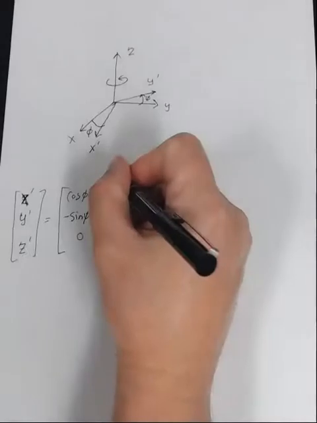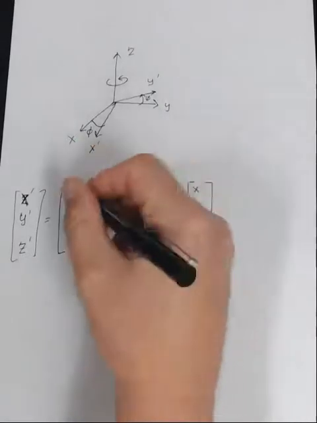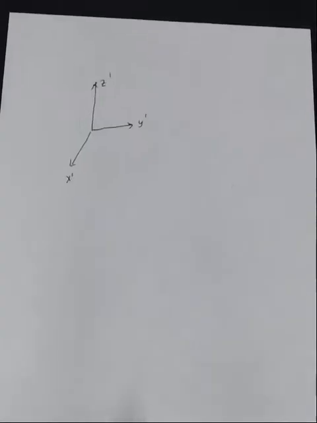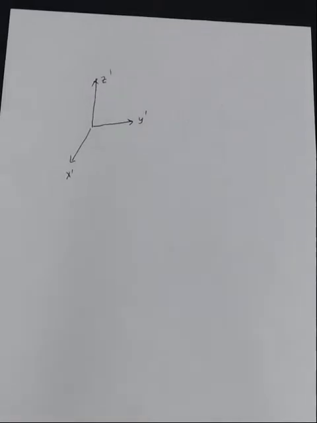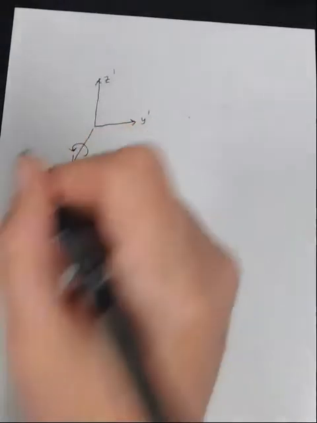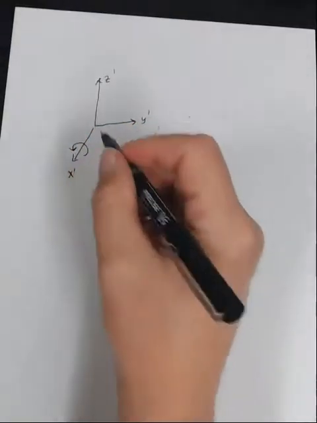So we'll call that RZ, this matrix. Okay. So now we have our new coordinate system, x prime, y prime, and z prime. So the next rotation is going to be around the new x axis.